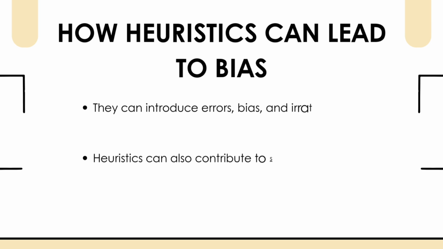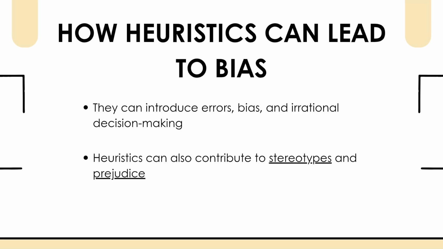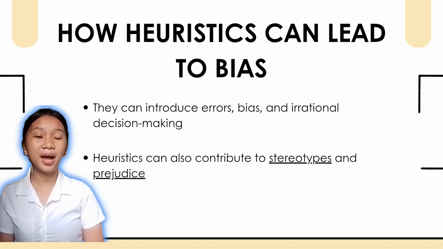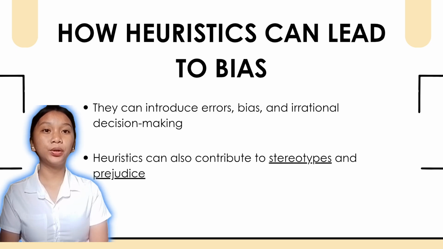How can heuristics lead to bias? They can also introduce errors, bias, and irrational decision making. Heuristics can certainly help us solve problems and speed up our decision-making process, but that doesn't mean they are always a good thing. Heuristics can lead to inaccurate judgments about how commonly things occur and how representative certain things may be.